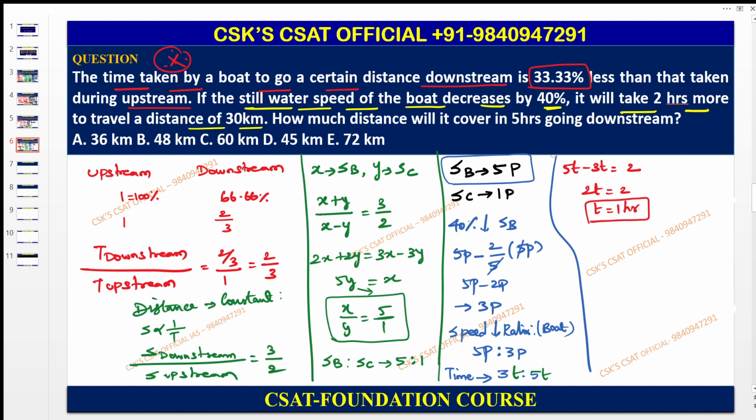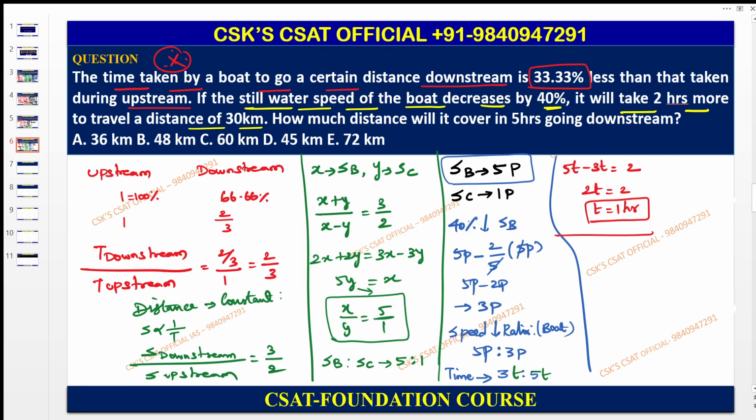Now after this, you need to be very careful here. What does it mean, 5p is to 3p? That is very, very important. And the time 3t and 5t, that is also important. Let me tell you that.